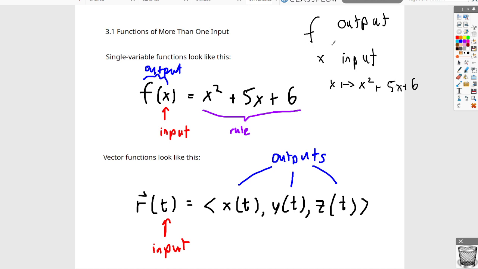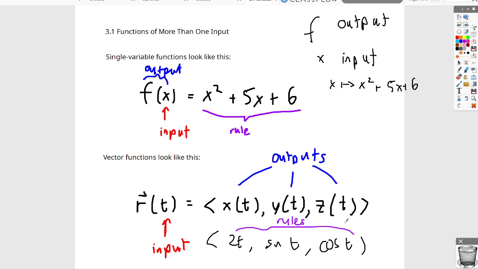That's normal. Vector functions look like this, right? R of t, and then you have x of t, y of t, and z of t, which means each of them can be rules. I mean, you could have like 2t, sine t, and cosine t, and these would be rules, and these are the outputs.